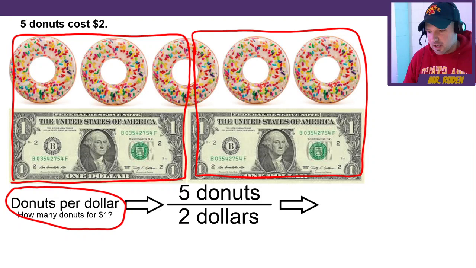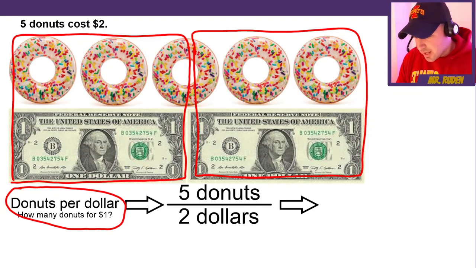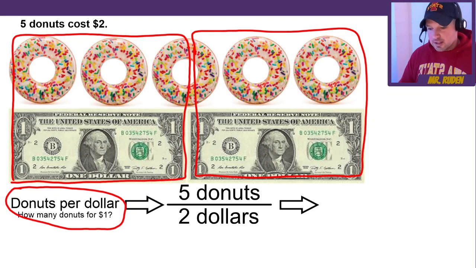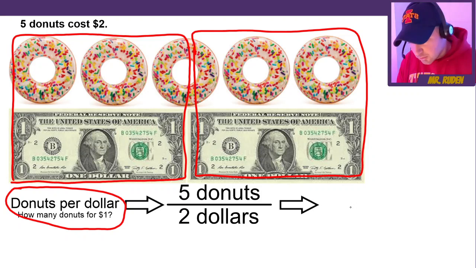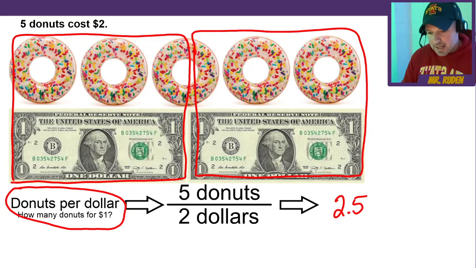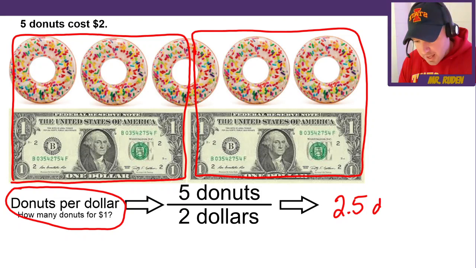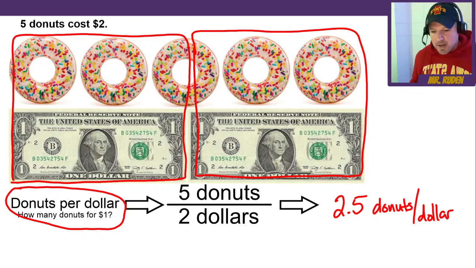Each dollar covers 2.5 donuts. So that unit rate would be 5 donuts divided by the $2. So 5 divided by 2 is 2.5, or 2.5 donuts per dollar. So we can buy about 2.5 donuts for every dollar.